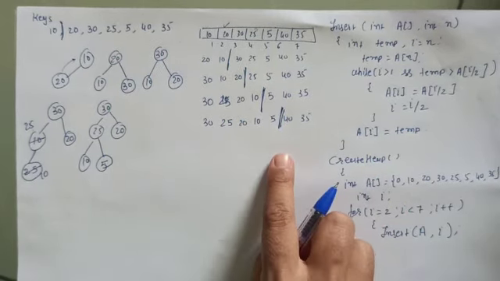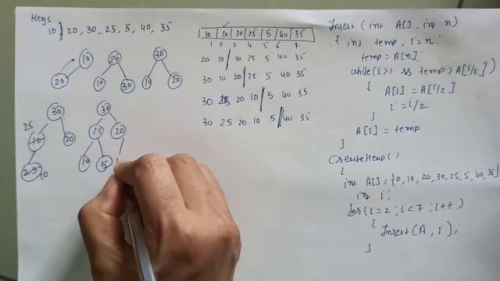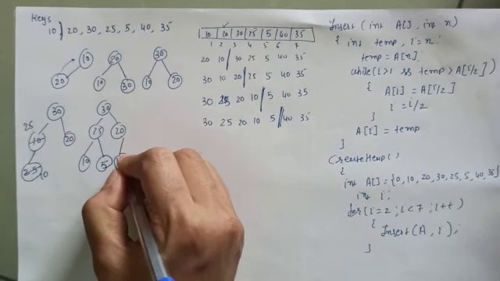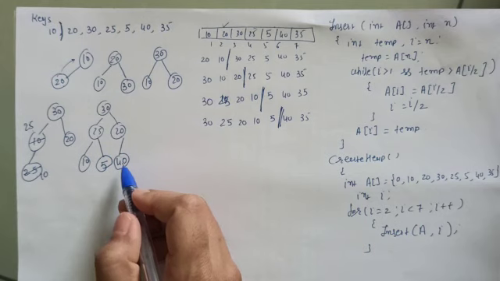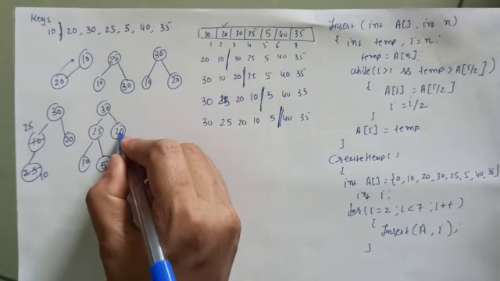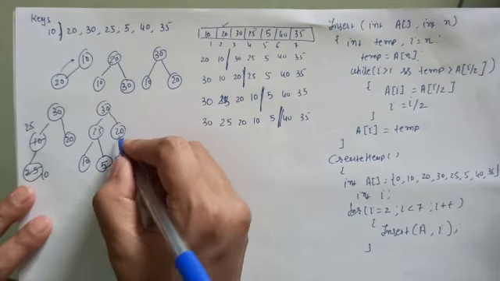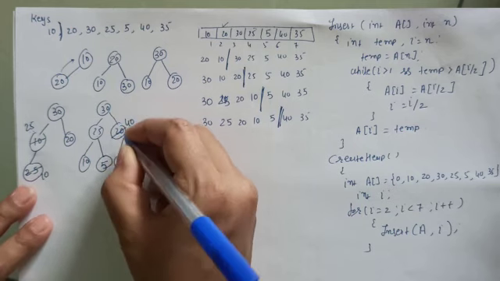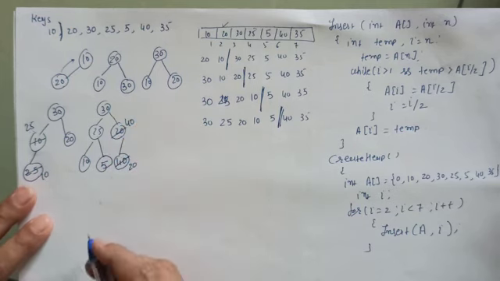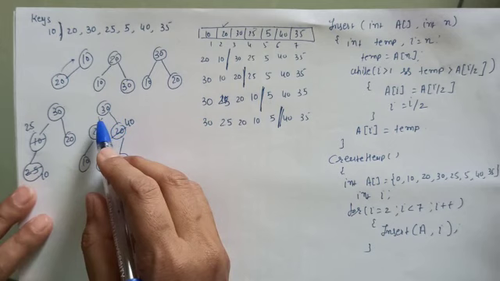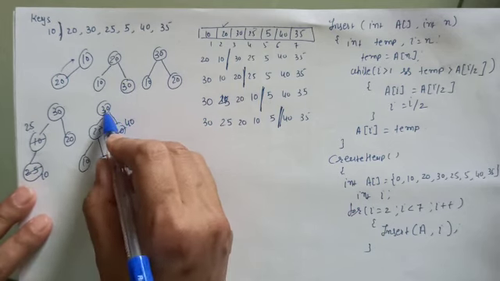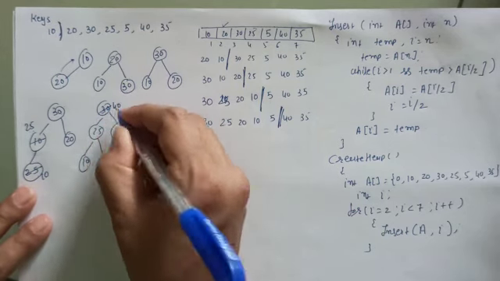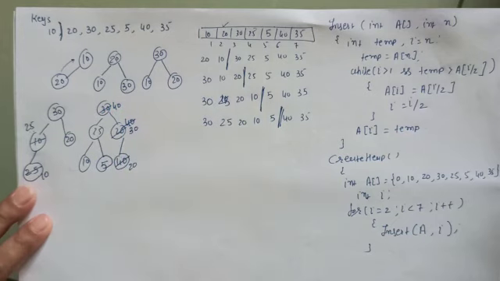Now next is 40. So 40 is inserted as the left child of 20 because that is the first available free space. Now 40 would be compared with 20. As 20 is smaller than 40, 40 goes up, 20 goes down. Again the process is repeated until this condition becomes false. So 30 is smaller than 40, so 40 goes up and 30 goes down.